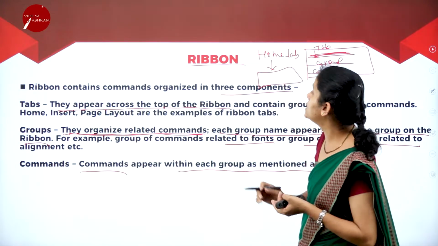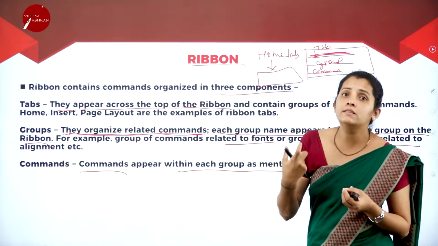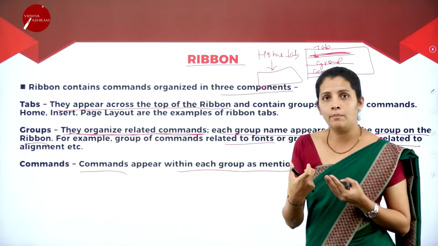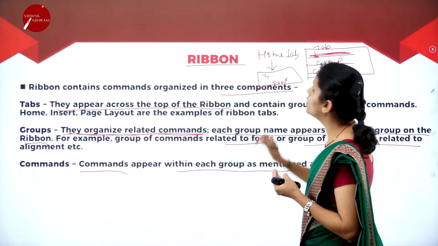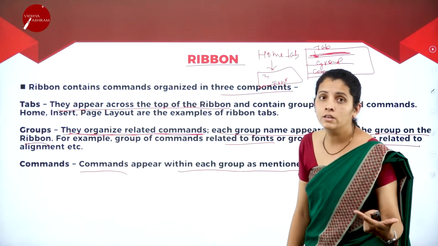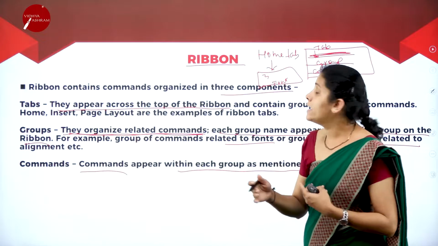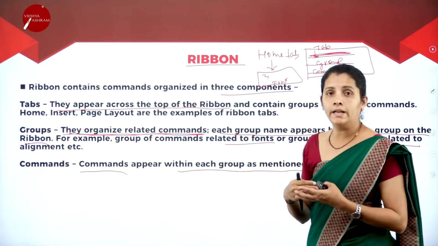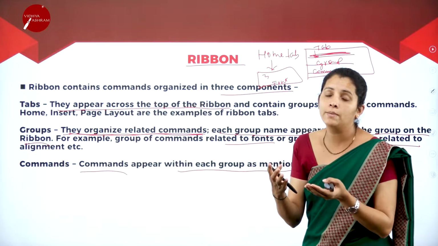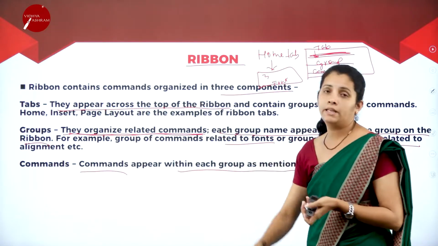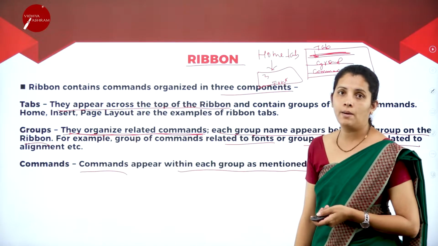So here a group is nothing but the organization of related commands. For example, if it is font, then here I'm going to have font style, font color, then font alignment, etc. So here font style, font size, font alignment are nothing but the examples for commands.